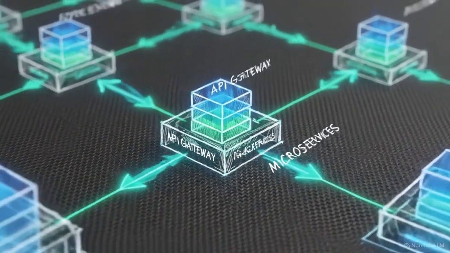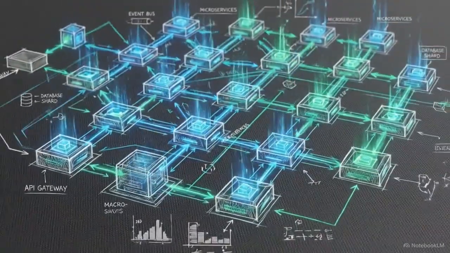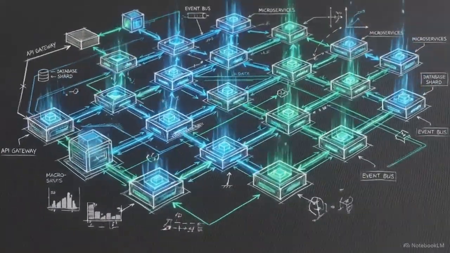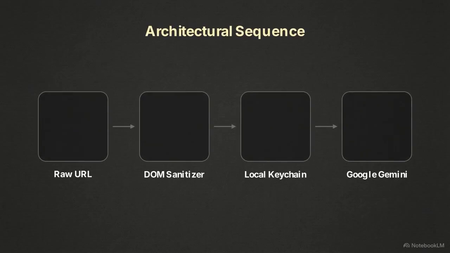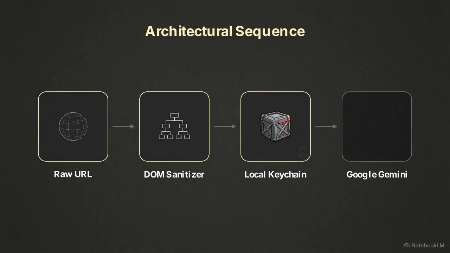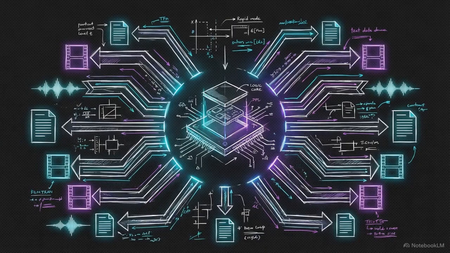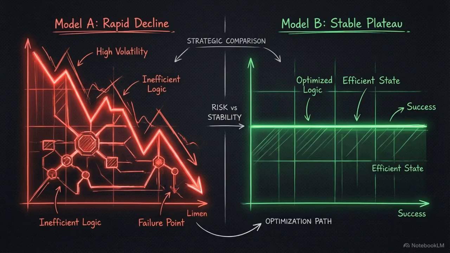Pulling back to a macro view, we can now view the fully constructed pipeline running seamlessly from end to end. The architectural sequence is complete: one raw URL ingestion, one DOM strip, and one secure local API handshake. This process delivers 19 production-ready multimodal outputs generated natively. This chart directly compares the two models.